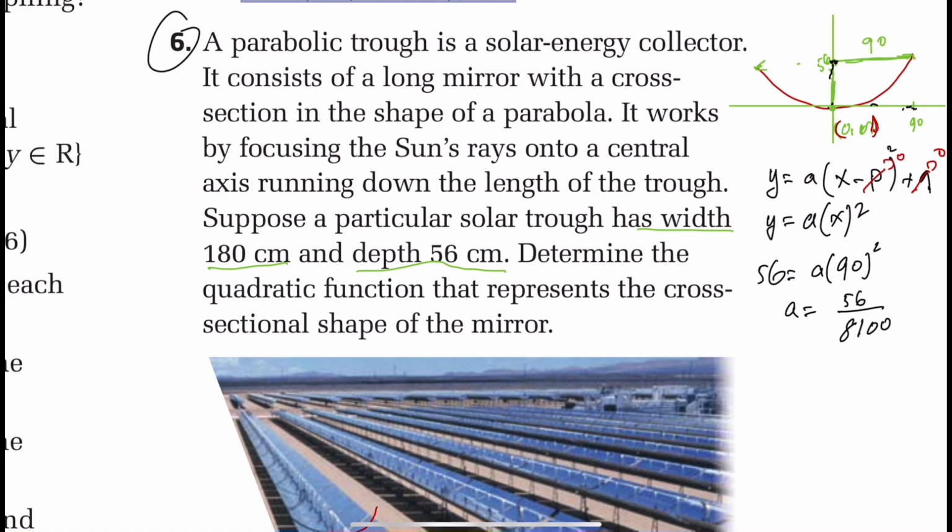So this is my a. My final answer is y is equal to 56 over 8,100 times x squared. You can reduce this if you want, but the basic equation is this. You have a calculator, you can reduce it.